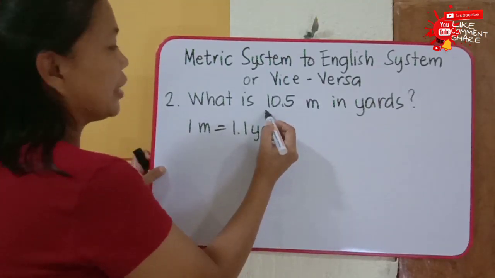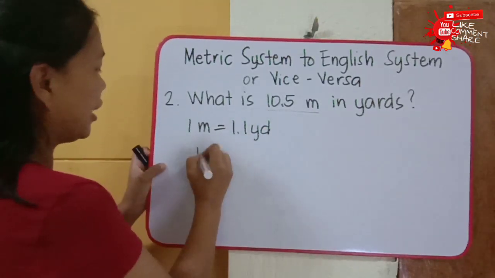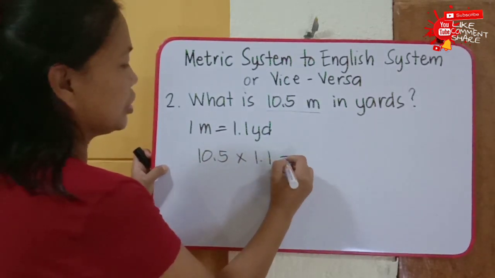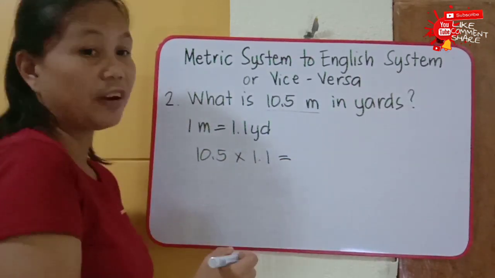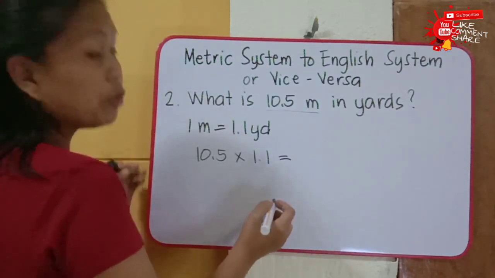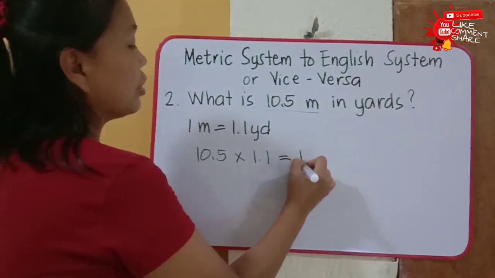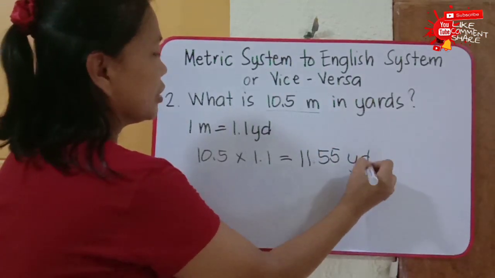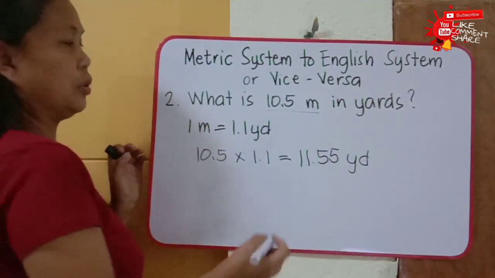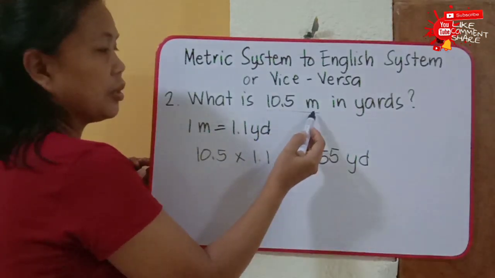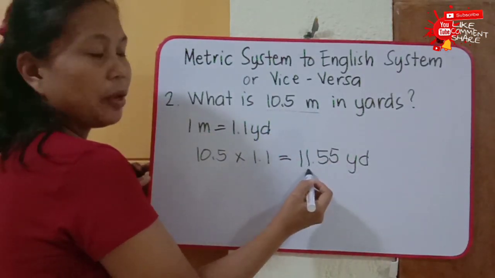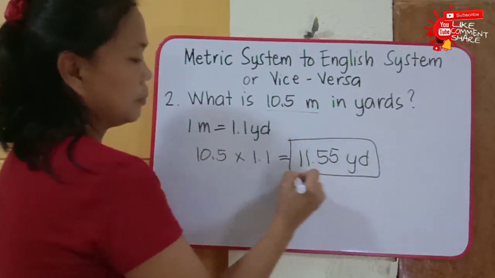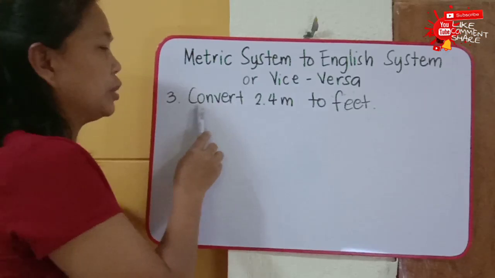So we will multiply 10.5 by 1.1, which is equal to 11.55 yards. So 10.5 meters is equal to 11.55 yards. Okay, so let us have example number 3.